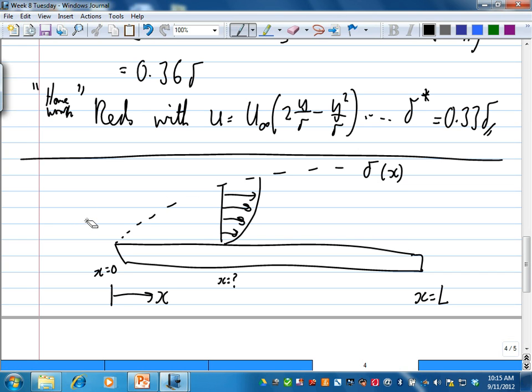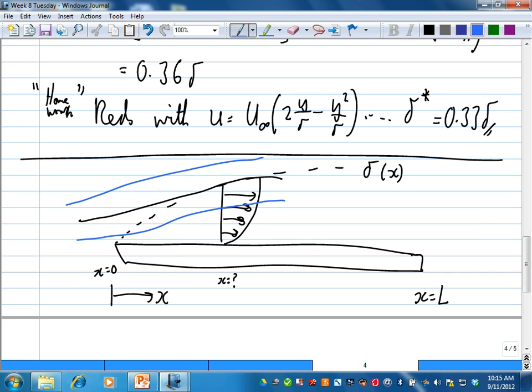Other streamlines will go something like this. They have to go around the plate, and they tend to fatten up a little bit also because of the boundary layer. But my drawing is not so good. So that's how the streamline goes. Is that okay?